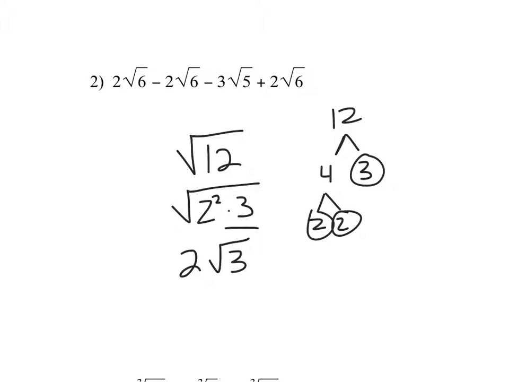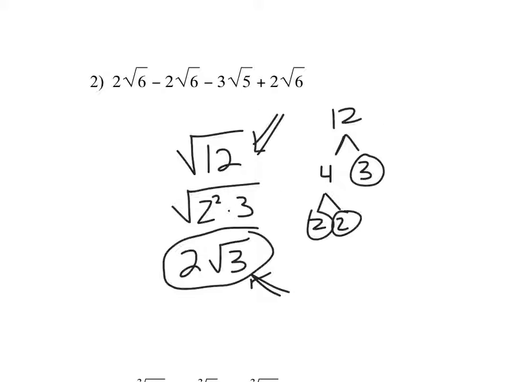So now what we're going to have to do is check and see, can this thing be broken down on these problems? Some will be square roots, some will be cube roots, some will be fourth roots. Okay, but the goal is to try and get as many square roots of, in this case, 3, so we can combine them all.